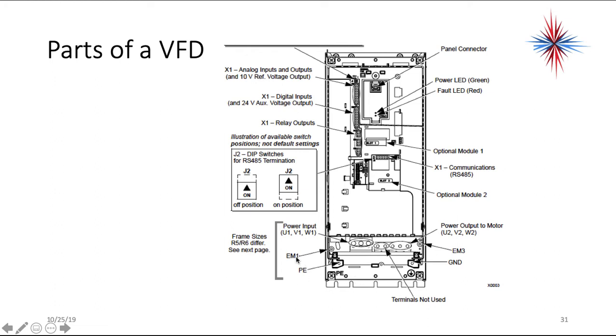You may have an EM1 and a PE. You have a grounding strap. And then you might have some terminals that are not used, usually for future expansion or for additional different types of components because they use one standard cabinet.